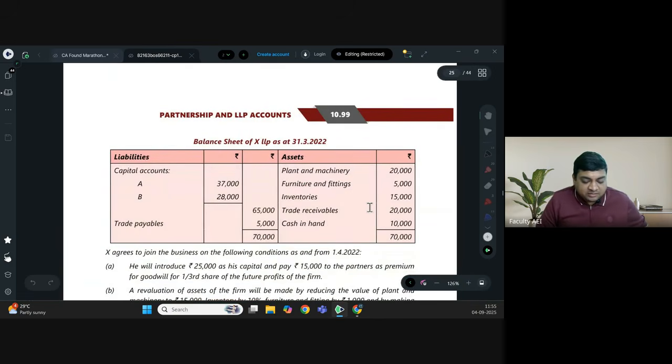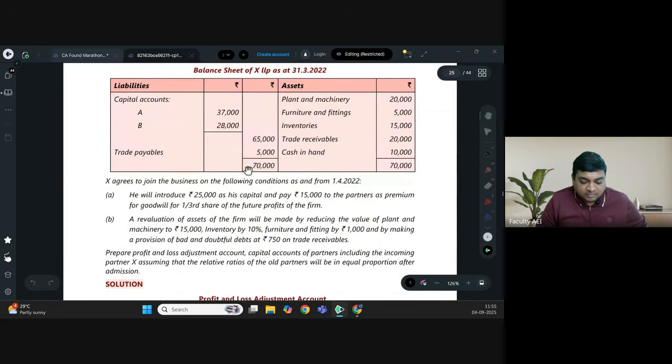These are the balance sheet. They have admitted X. He will bring capital of 25,000 and 15,000 premium for goodwill, which means compensation. And he is coming for a 1/3 share. Right? Okay.